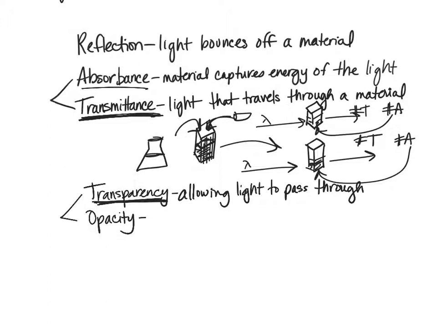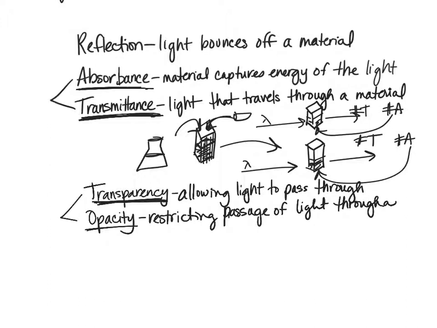And likewise, the difference between absorbance and opacity. Opacity is restricting the passage of light through a material. So again, we would say that something is opaque, like a wall, for example, or a textbook is opaque.